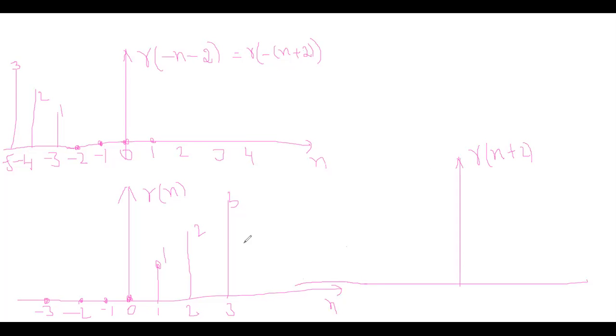Two samples to the left side. Because I am writing for the normal R of n, the ramp function only. The 0 is a 0, and 1, not the 1, it is a minus 1. Minus 1 is a 0, minus 2 also here. Minus 1 and minus 2.